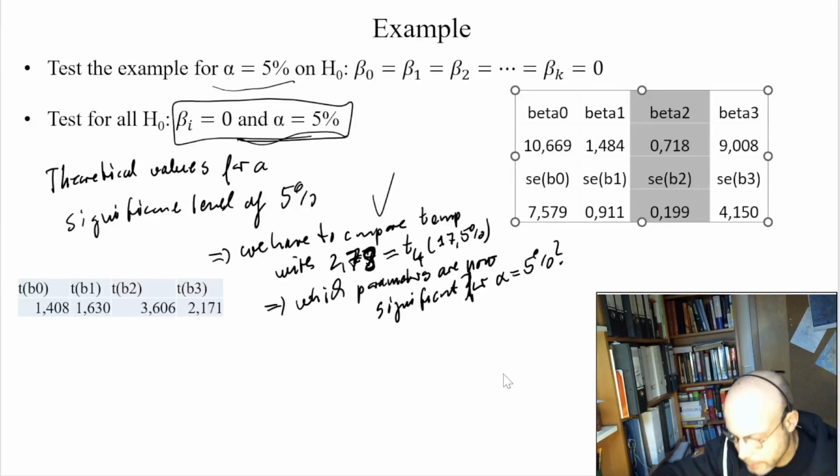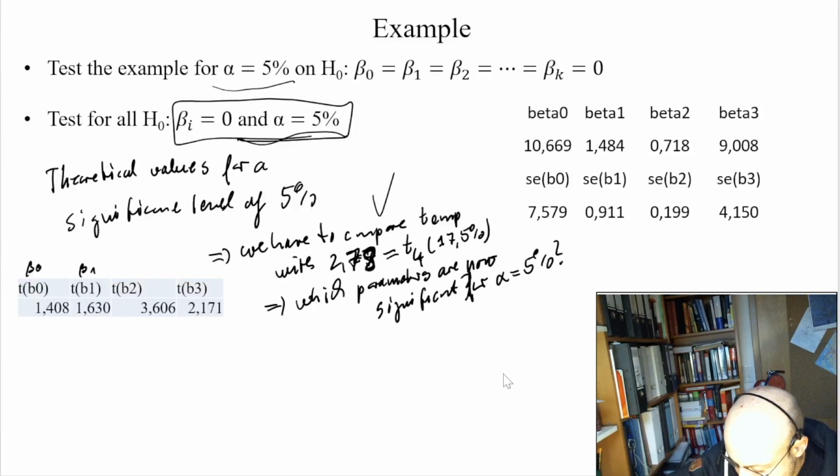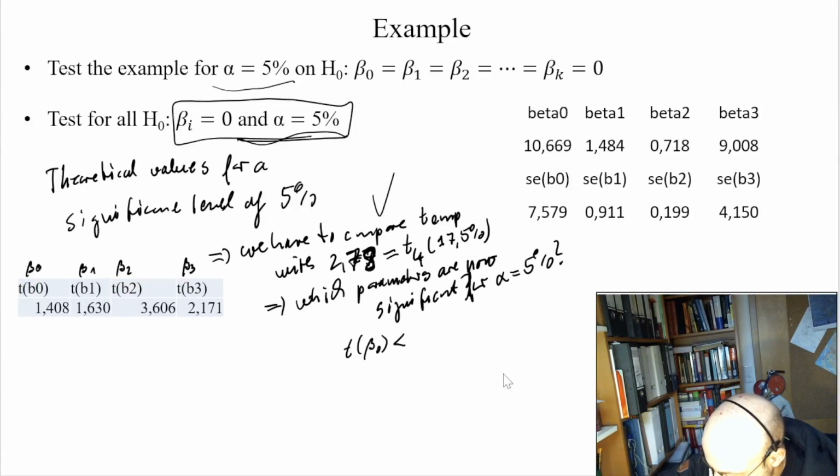So in my Excel table, I wrote here B. So this is beta 0, beta 1, beta 2, and beta 3. T of beta 0 is of course again lower than 2.78.